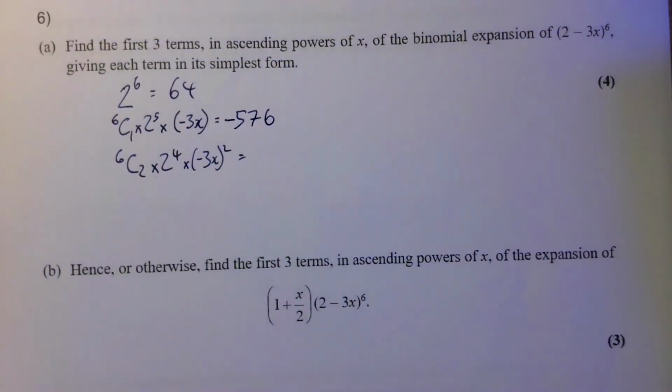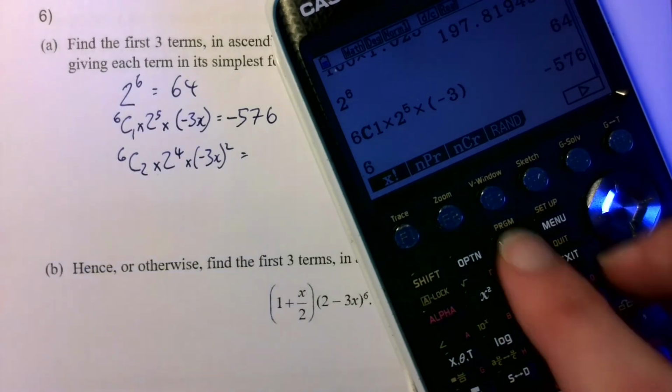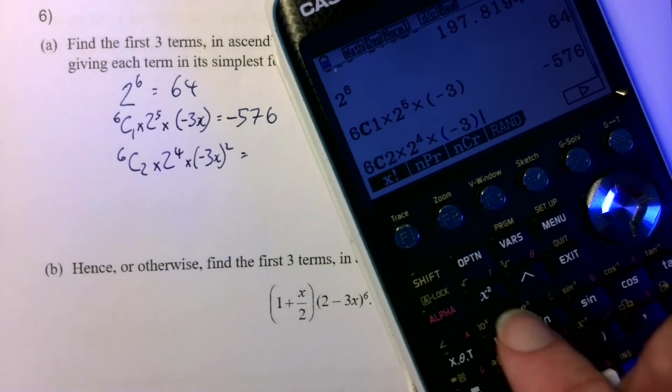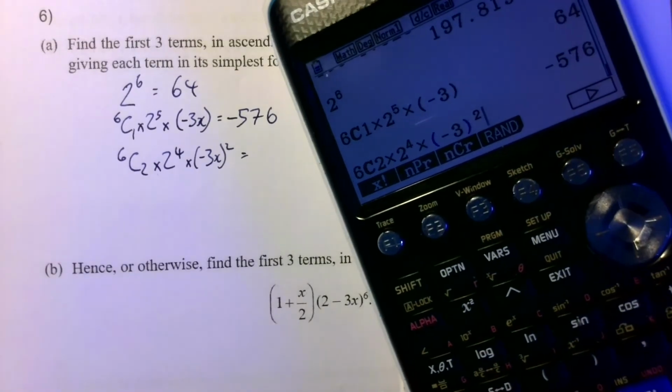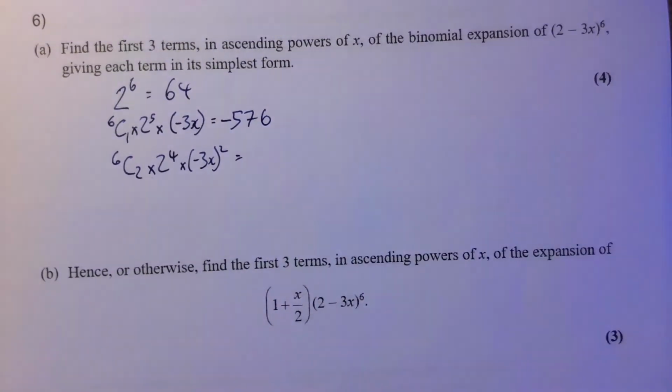And then if you put in the last bit, 6 choose 2 times 2 to the power 4 times negative 3, always put negatives in brackets when using it in the calculator, equals, gets us 2160.